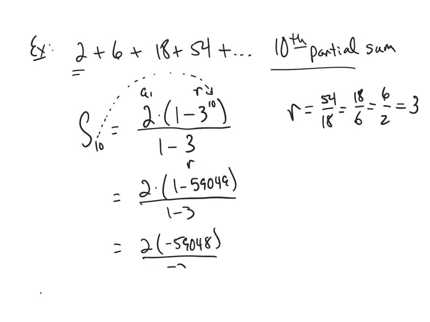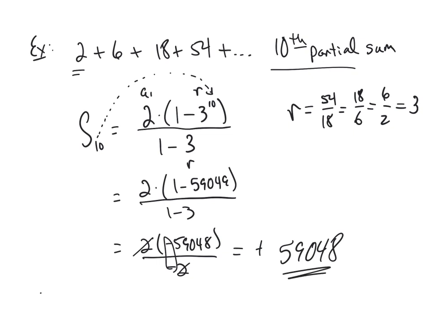Downstairs, 1 minus 3 is negative 2. And then when you multiply and divide, essentially the 2's cancel and the 2 negatives make for a positive answer. What we'll get then as a result for the sum of the series is positive 59,048.